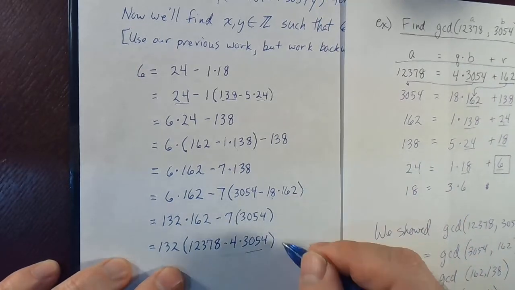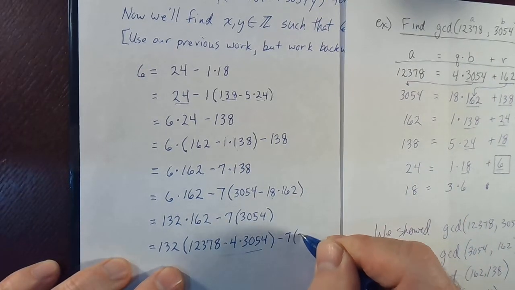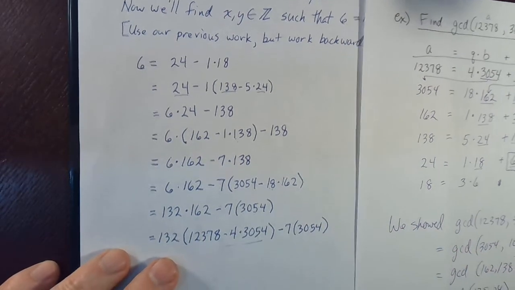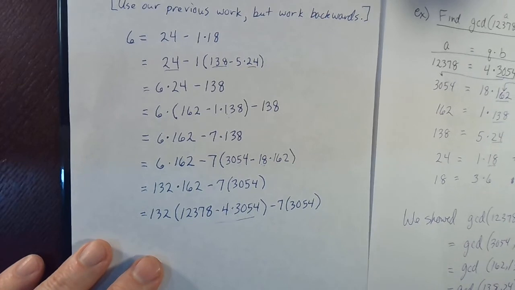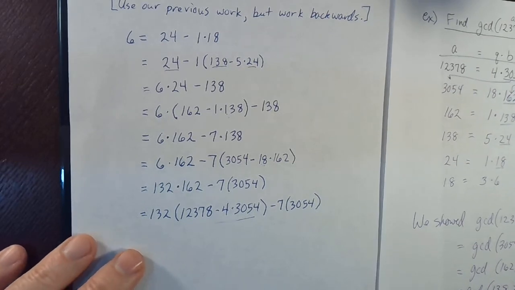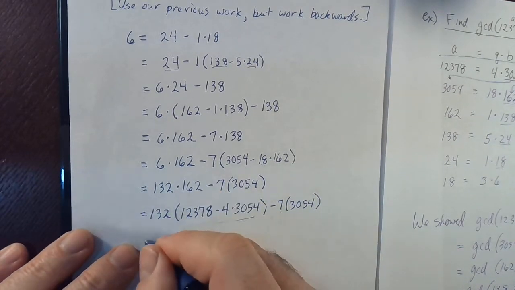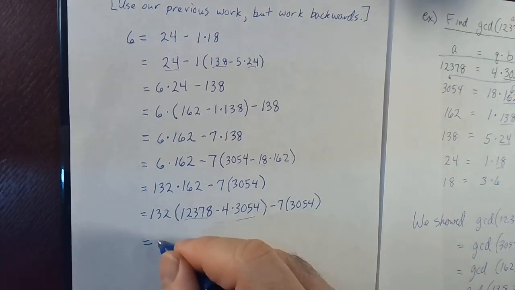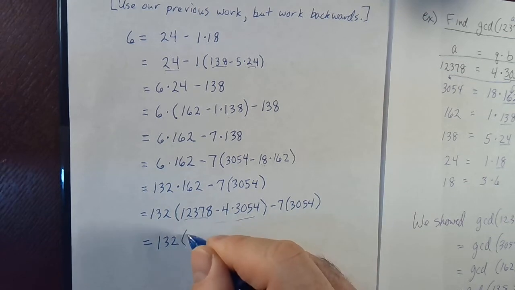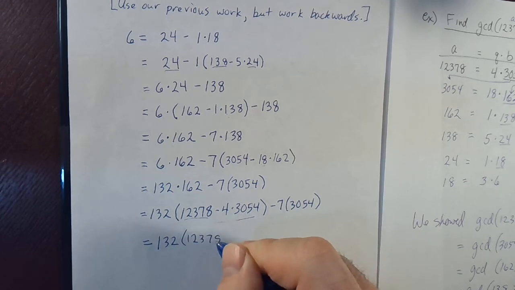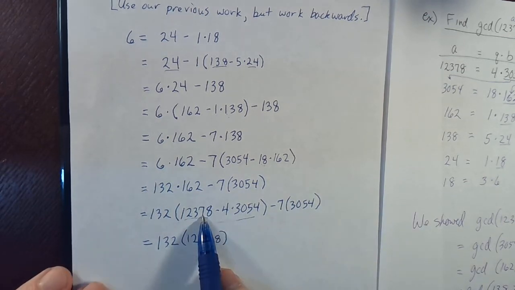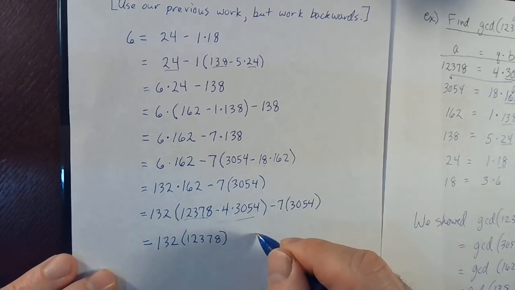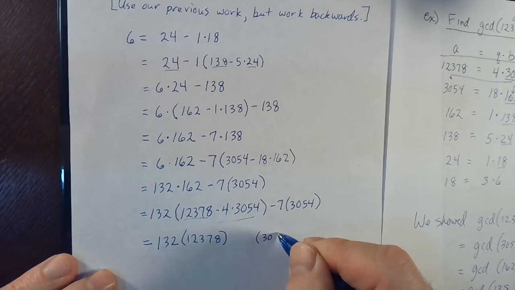All right, so then we have minus 7 times 3054. And we'll factor this once again, or kind of simplify it together. And I'm going to get, as far as 12,378, I'm going to have 132 times 12,378. And then I'm going to have plus something or minus something times 3054.